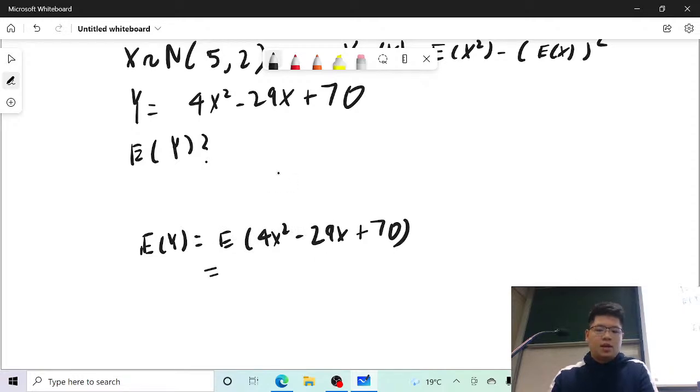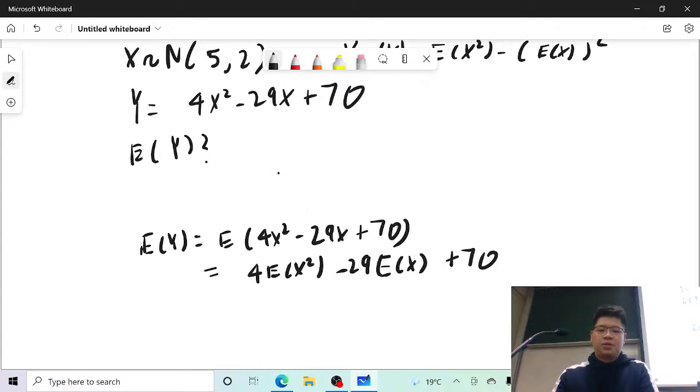Now, it turns out that we can apply the same idea behind the linearity of expectations. So that's the first step in recognizing this question right here.